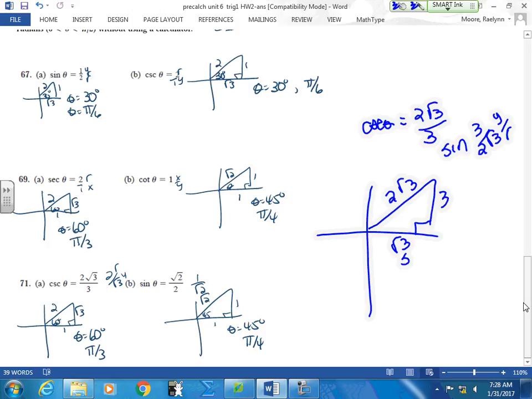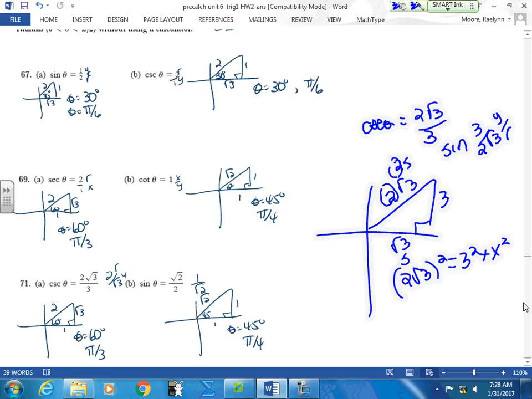If this is the side, this is 2 times the side. So 2 times the side, my side has to be radical 3. No, because then this would have to be a radical 2, not a radical 3. 45 has to have a radical 2. So if you did this, 2 radical 3 squared equals 3 squared plus x squared.